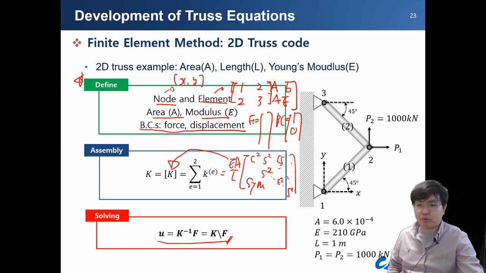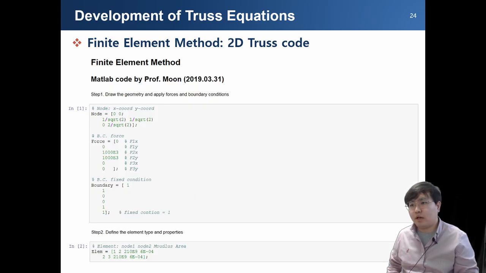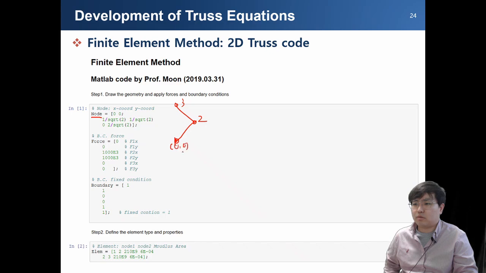So this is the process of how to obtain the 2D truss MATLAB code. I prepared the MATLAB code; I made this code last year. In the previous slide, this is the first, second, third node. The first node is the origin.